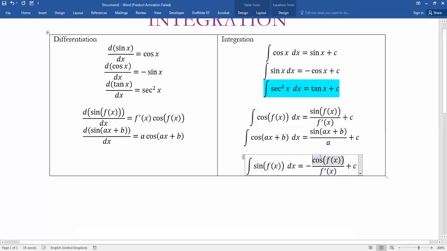Just make one thing very clear, the angle does not change. One thing that I must explain to you right now: if there is a power on any trigonometric function, for example sec square, in trigonometry whenever a power comes, you cannot integrate it the conventional way. What is the conventional way?